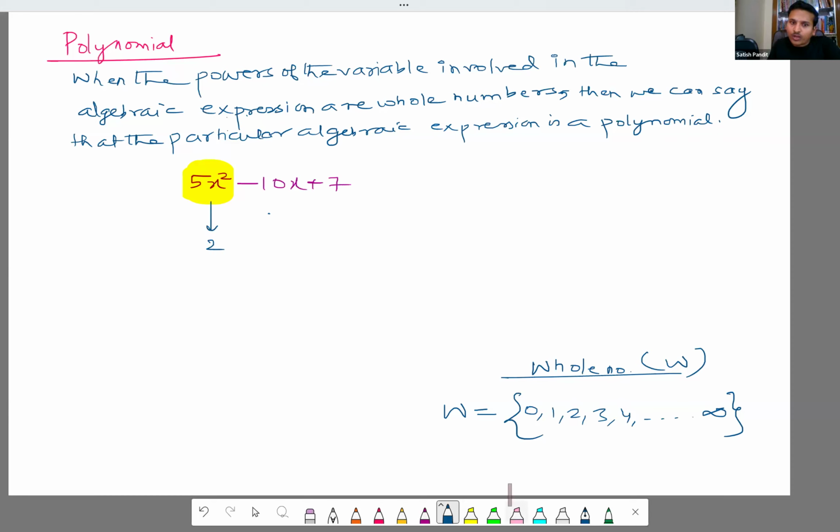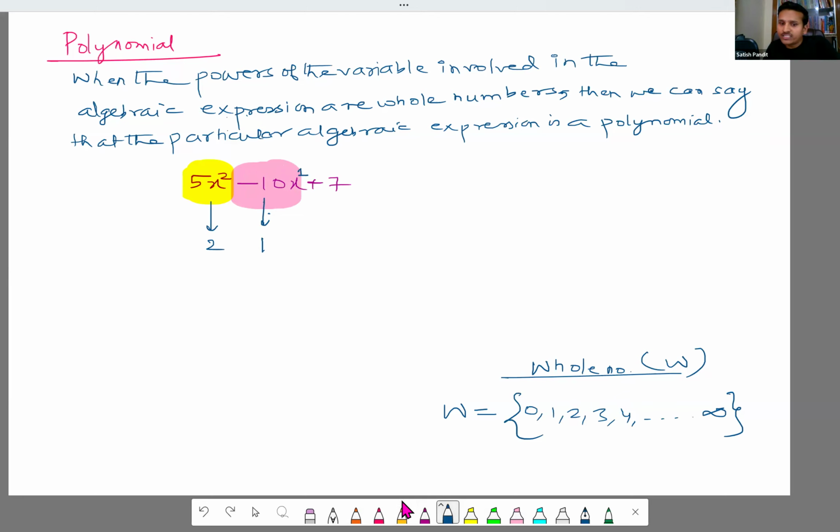In the next term, the power of the variable is 1, because if there's no power written for x, it is always 1. Now, if you look at this number, 7 is a constant.